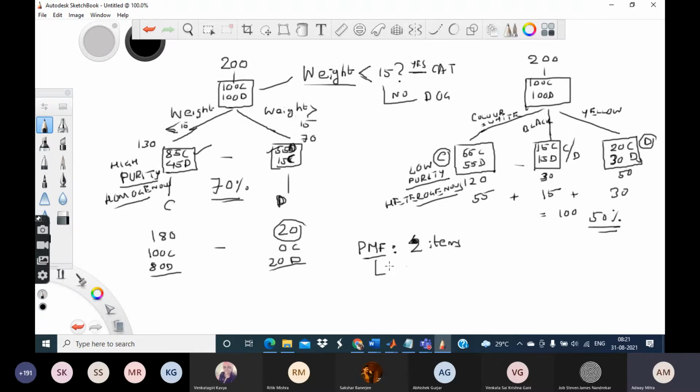So here is one probability distribution, or one PMF, which is 0.4 and 0.6. There is a second PMF that says 0.8 and 0.6. Fine. Is this acceptable?